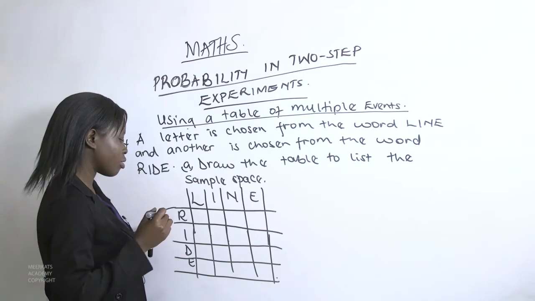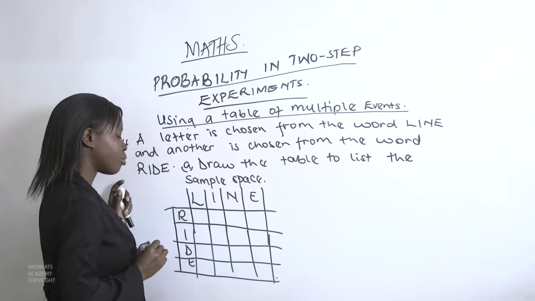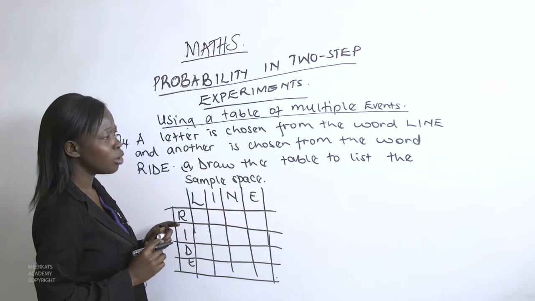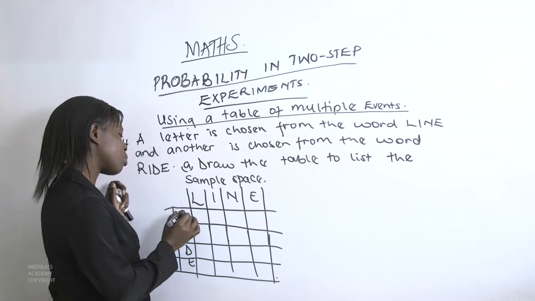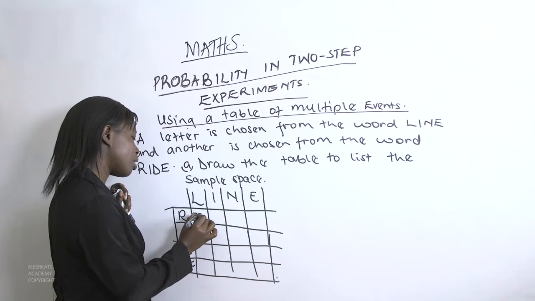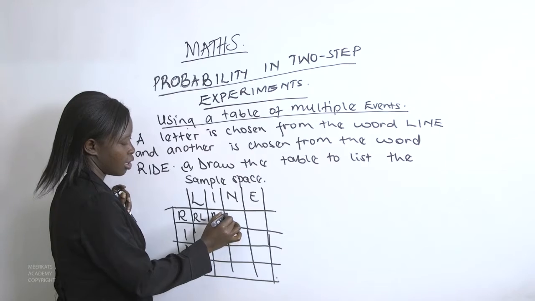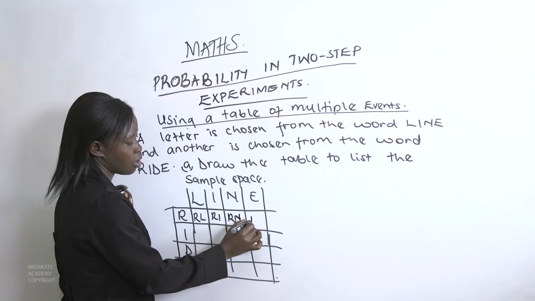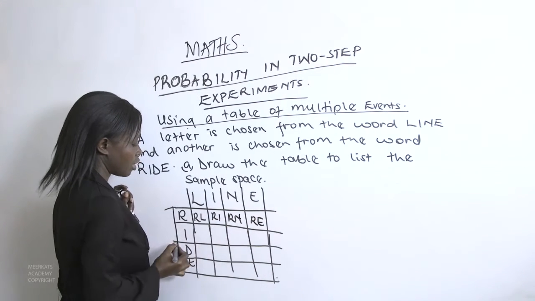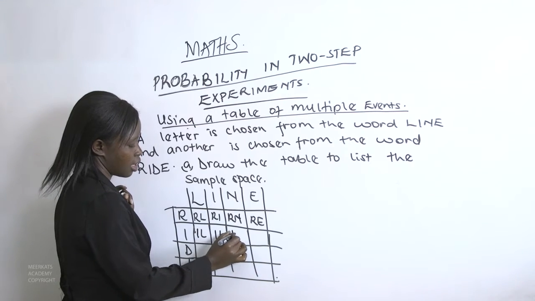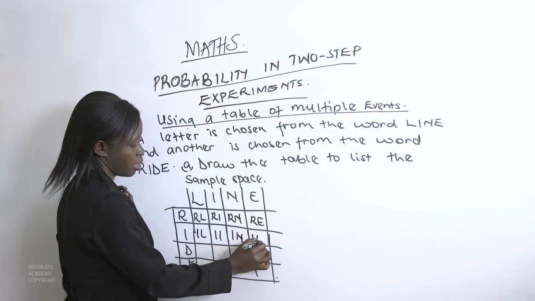So there is a possibility that when letters are chosen at random from the two words, R and L will show, R and I, R and N, then we have RE. Alternatively, we can have IL, II, IN, and IE.